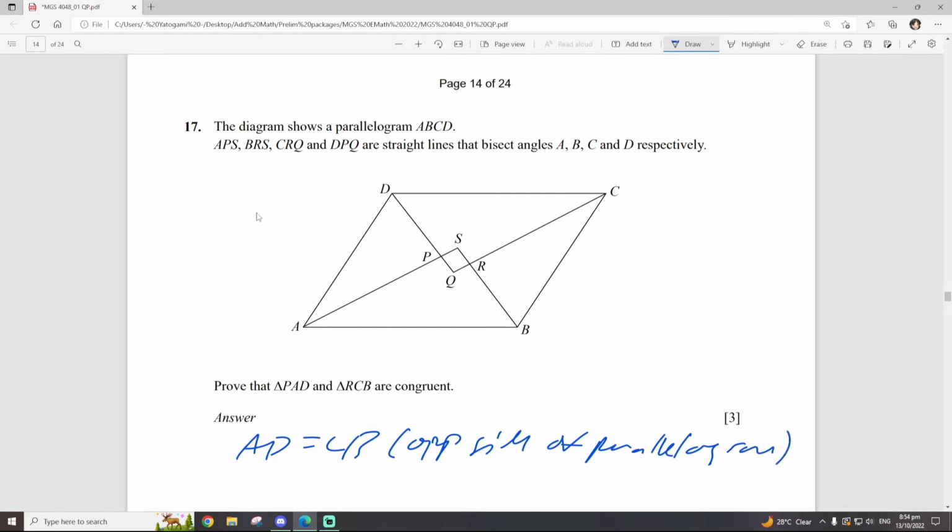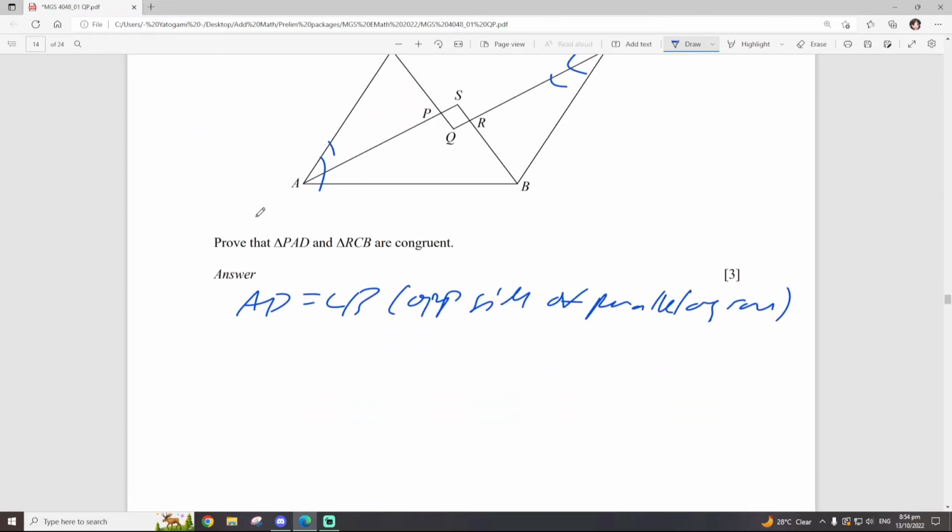Okay. What else do I have? If I have one side, I probably need 2 angles. Well, these 2 angles are equal because they are opposite angles of a parallelogram. And because they all bisect, this angle and that angle will also be the same.